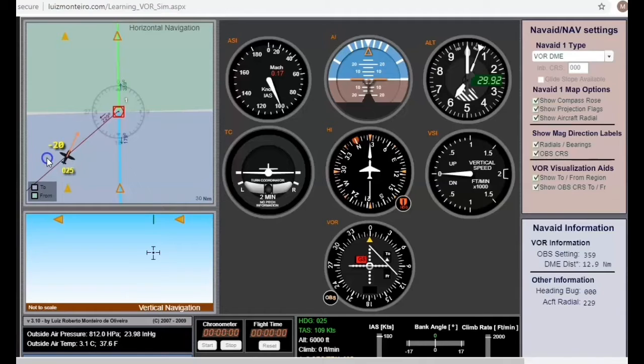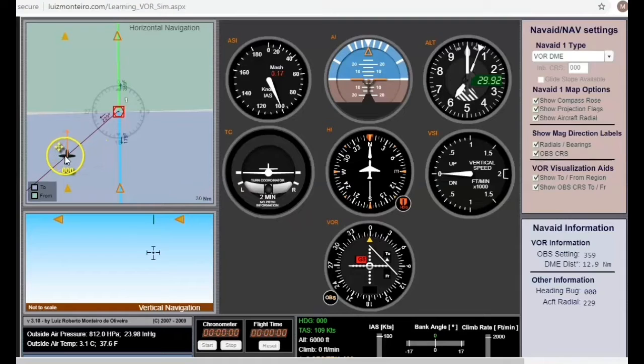You can see as I rotate the airplane, the indication remains the same, a right-hand needle deflection with a TO indication. The way it creates that indication is with an interpretation based on the aircraft's direction being identical to whatever course you've selected on your OBS.